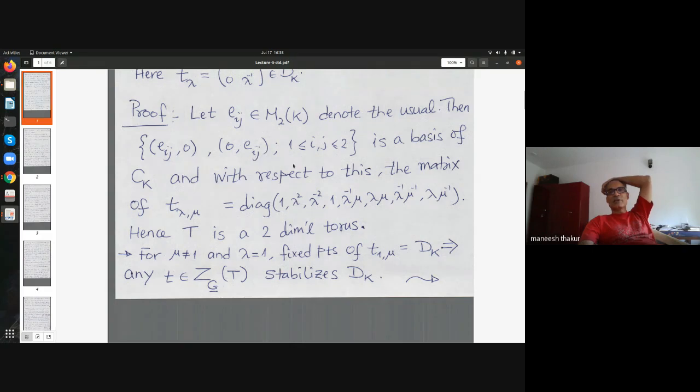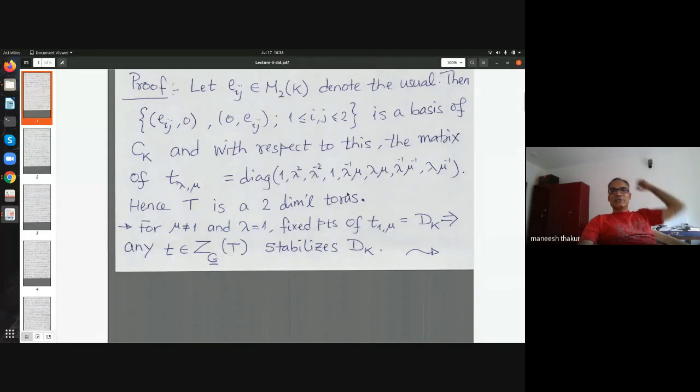So that is the ordering of the basis. With respect to that, you will get a matrix of T lambda mu that looks like this. So that shows that T is a two-dimensional torus. Right?